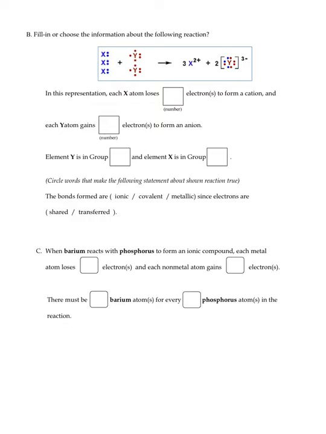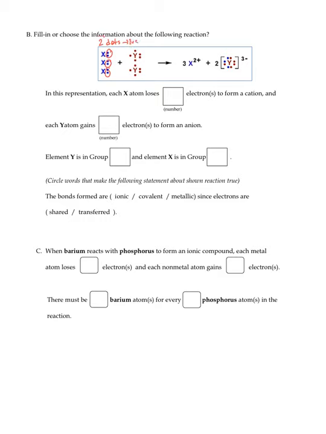So we can go back to our very first thing that we talked about today and look at the number of dots here. And so we can see that each of these 3 X atoms has 2 dots, which of course means that it has 2 valence electrons.